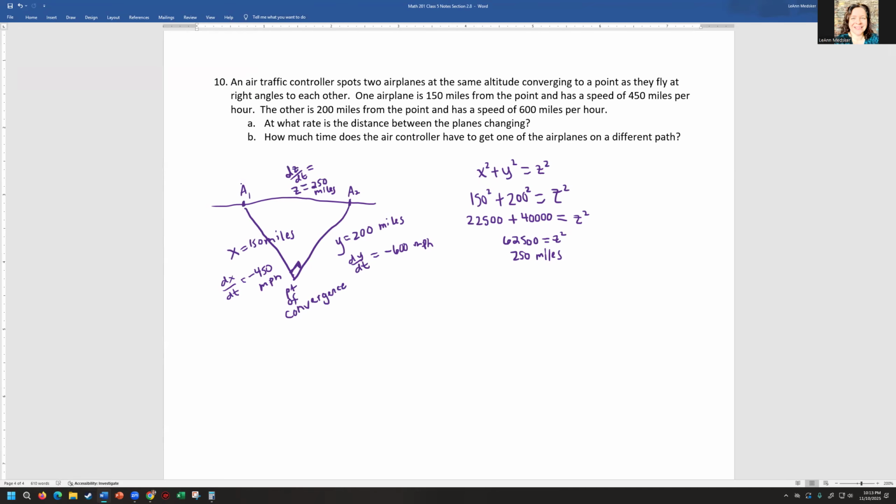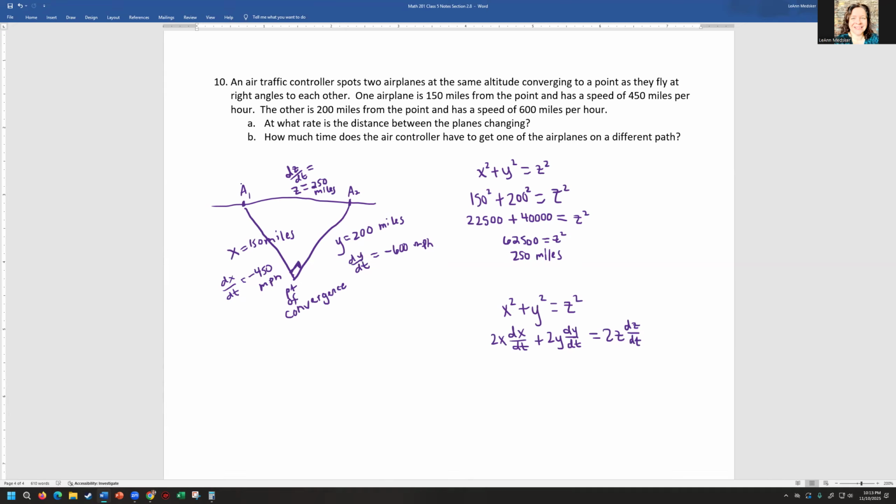So when we look at this, we're going to do our derivative of our formula for that Pythagorean theorem. So that'll be, remember, with respect to t, this will be 2x dx/dt plus 2y dy/dt, and it equals 2z dz/dt, which is the one we're solving for.